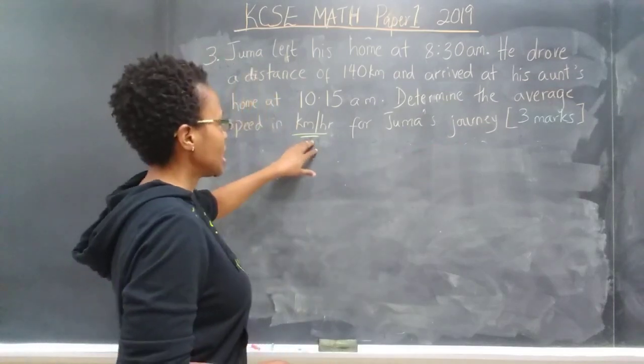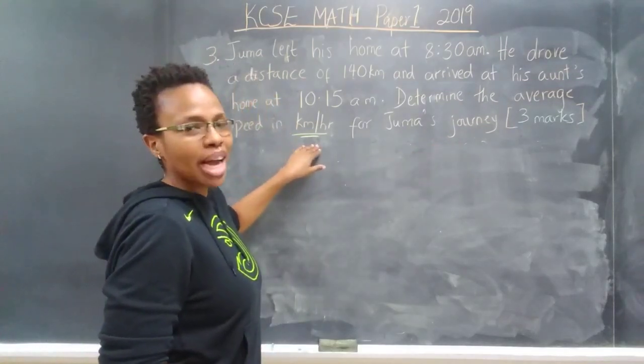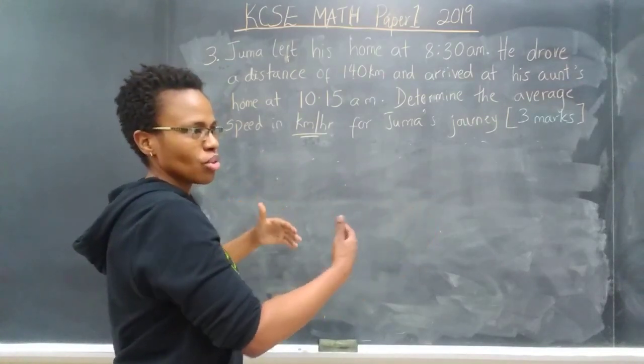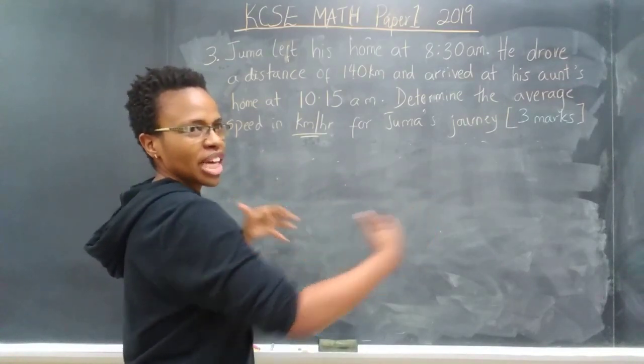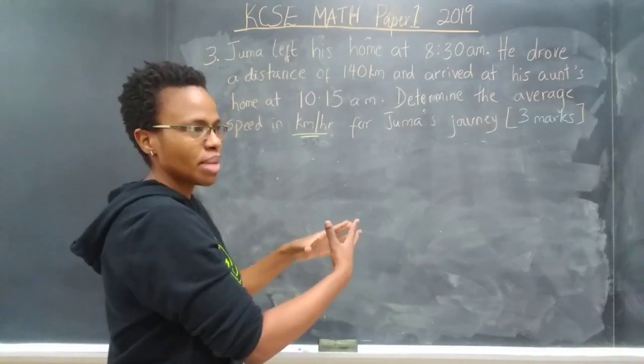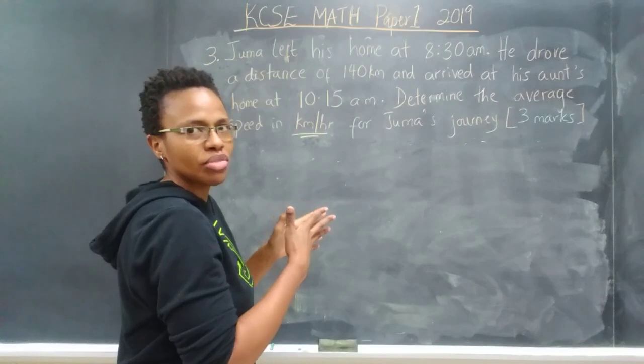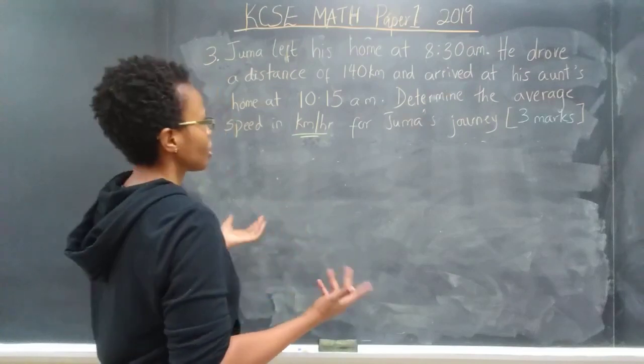So speed is expressed in kilometers per hour, and that makes logical sense because if you're covering a large distance within a short period of time, it means that you're going fast. If you cover a small distance only in a short period of time, it means that you're going slowly.